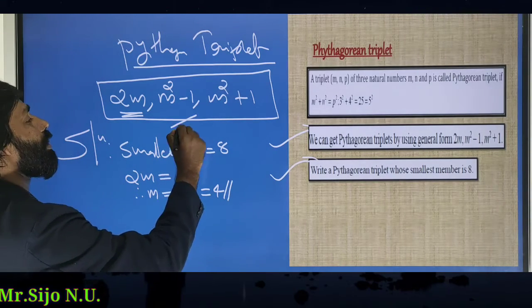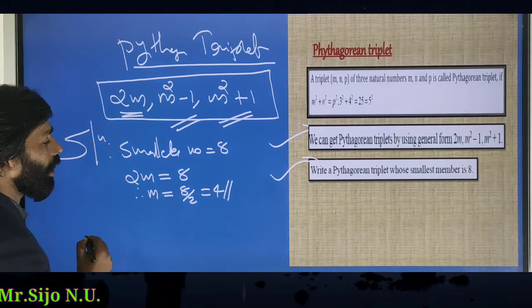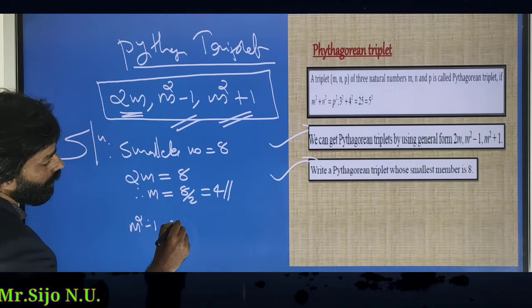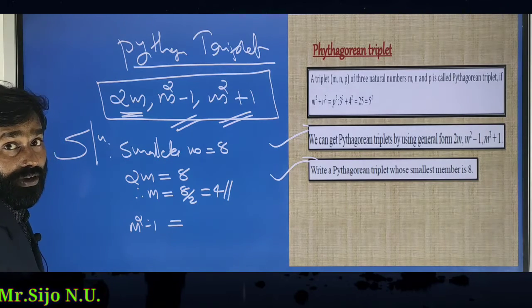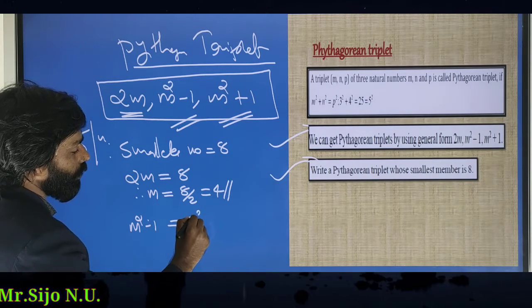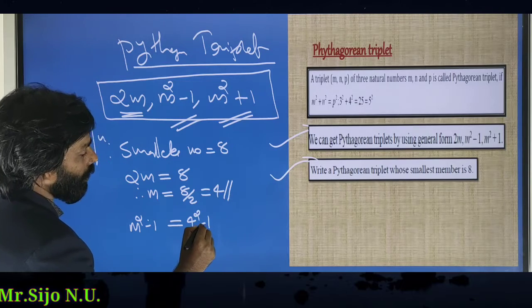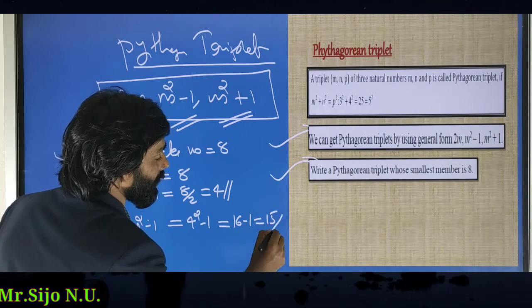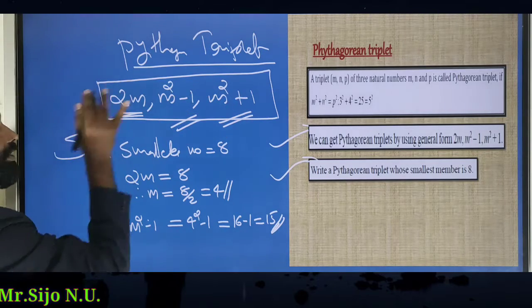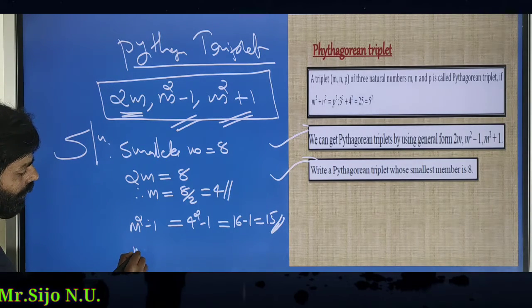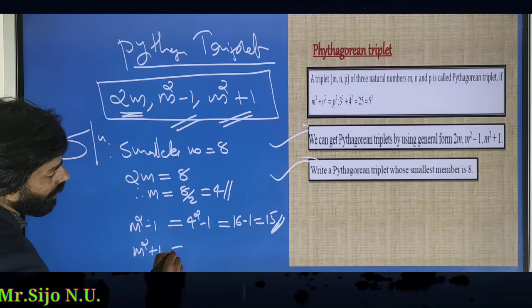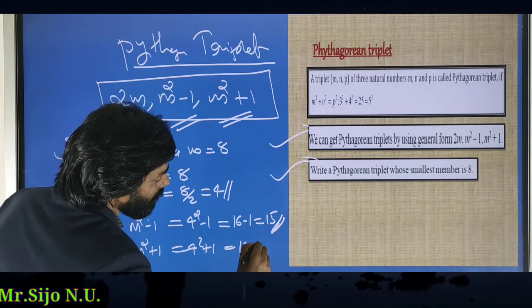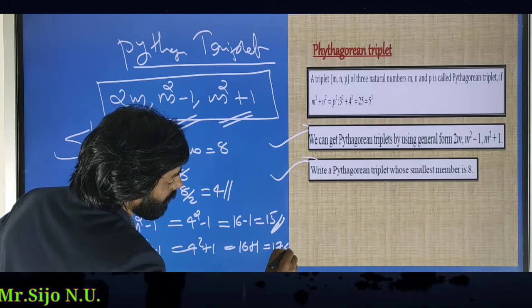Now we need to find the other two numbers. The second number is m square minus 1. The value of m is 4, therefore 4 square minus 1 equals 16 minus 1, which is 15. Then the third number should be m square plus 1: 4 square plus 1 is 16 plus 1, which is 17.